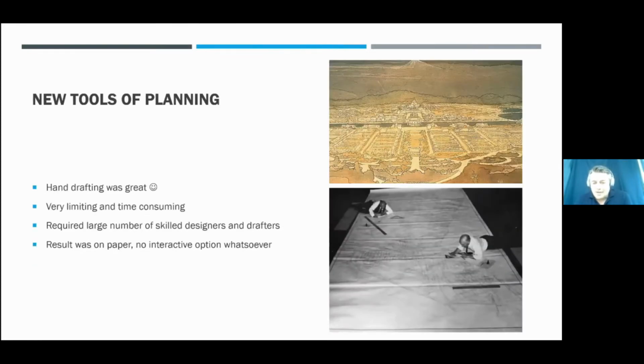But moving closer to today, we are now getting into the tools for actually executing these plans. As you can see, the above image is the famous drawing of Canberra, and in the bottom image you can see the planners drawing an enormous plan for the city by hand.